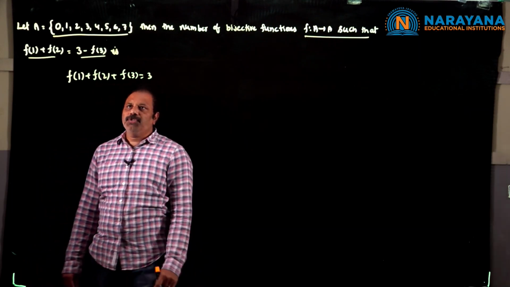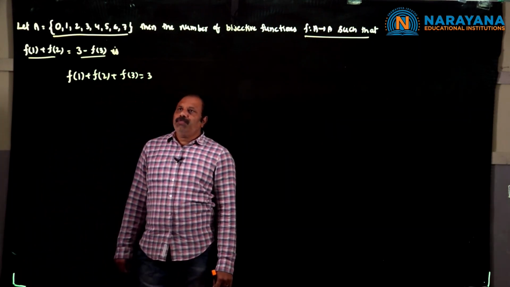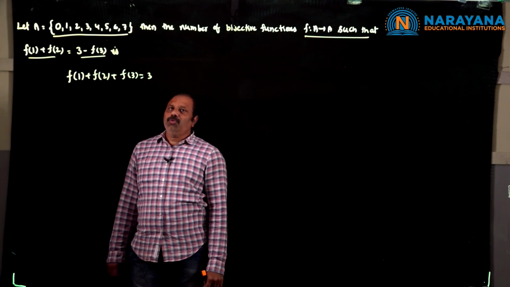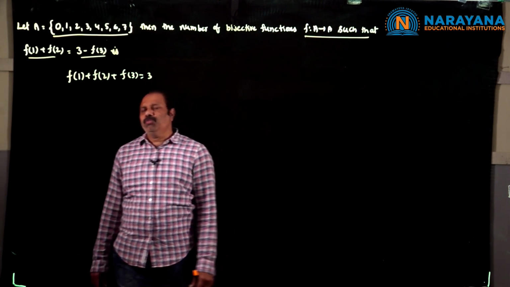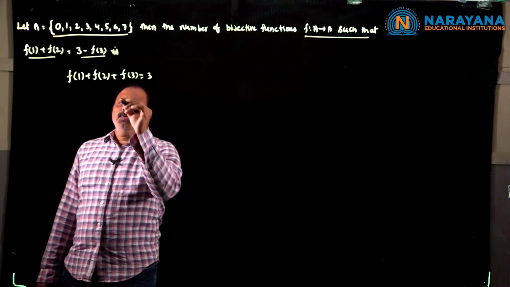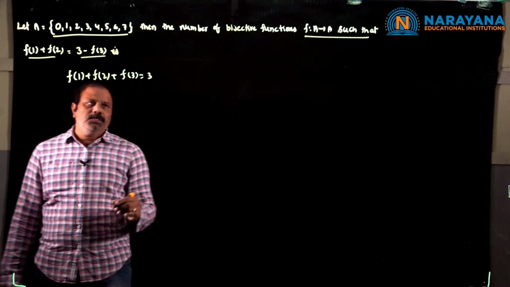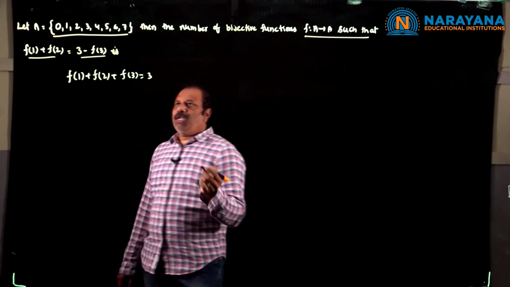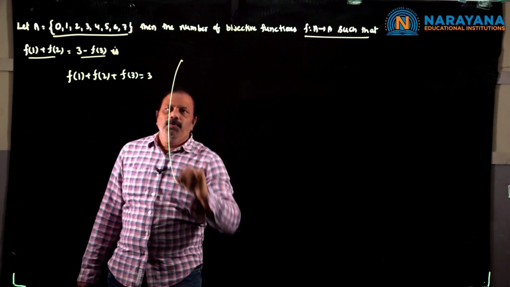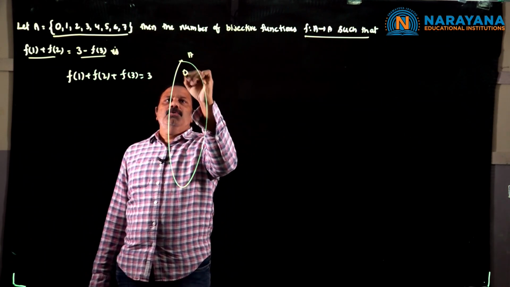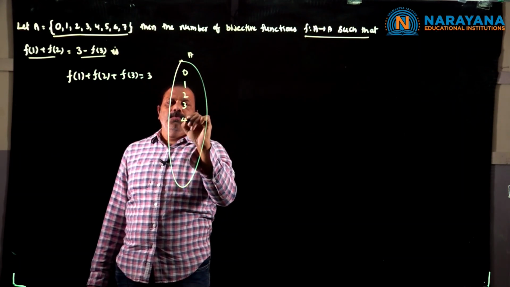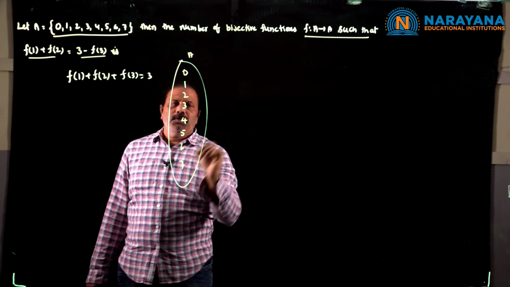The meaning of this is that the sum of the images of 1, 2, 3 will be equal to 3. It is possible only when, because a bijective function means it must be one-one as well as onto.